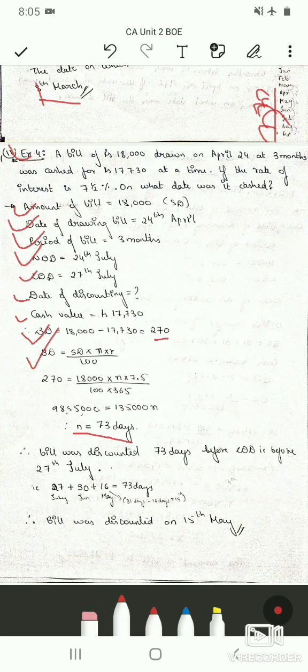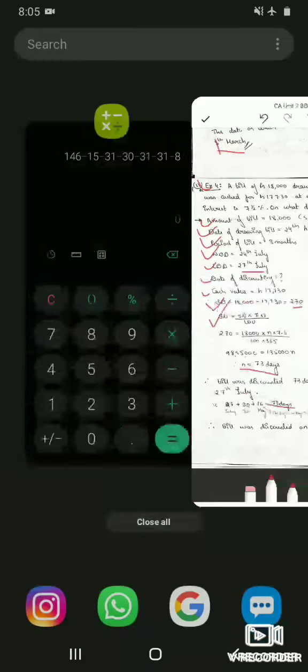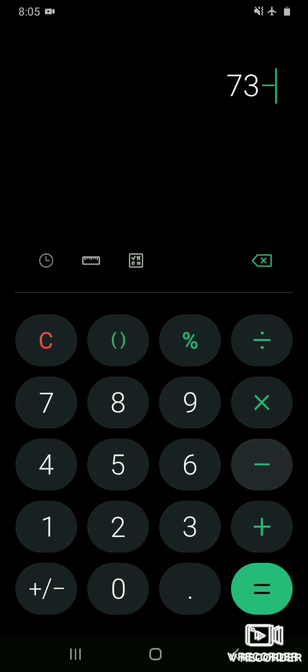So now, just like we had seen in the previous problem, you have to go in the reverse order. You have 73 days and the legal due date is on 27th July. So in July there are 27 days. So what you have to do, 73 days minus the 27 days of July.